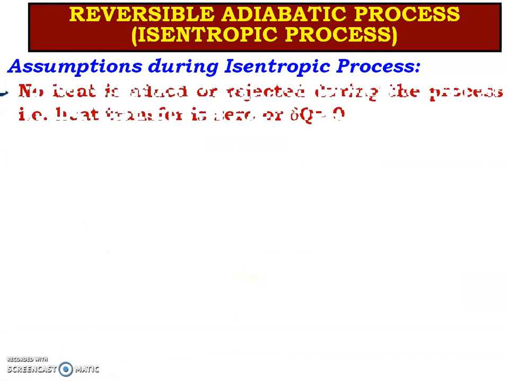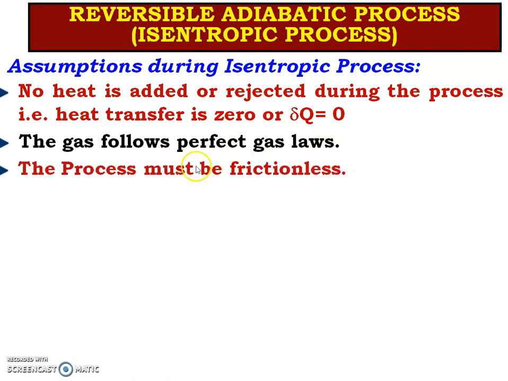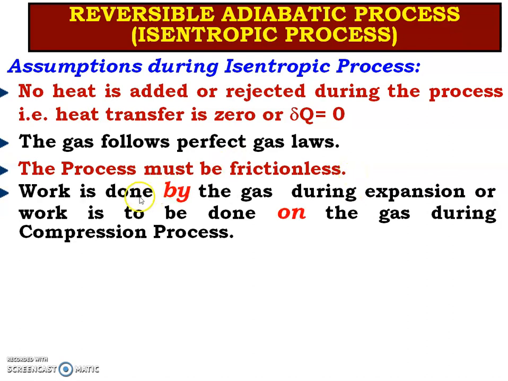Assumptions during isentropic process: no heat is added or rejected, that is delta Q is 0. Gas follows the perfect gas laws. Process must be frictionless so that entropy is constant. Work is done by the gas or work is done on the gas.